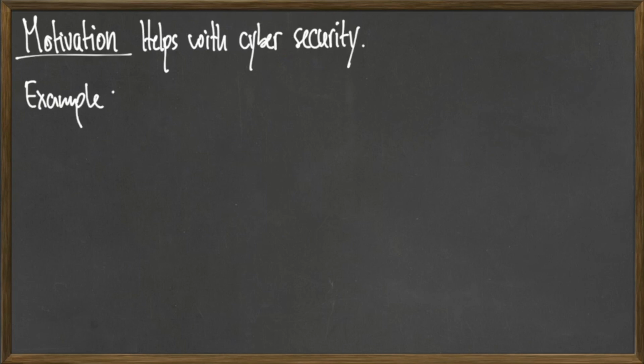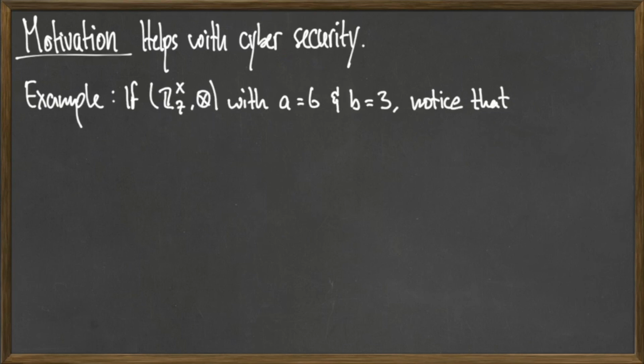For small groups, one of the most naive methods used to compute the discrete logarithm is brute force. For example, consider the multiplicative group Z mod 7 under the binary operation times, with elements little a equal to 6 and little b equal to 3.